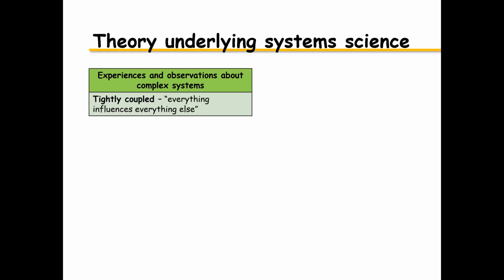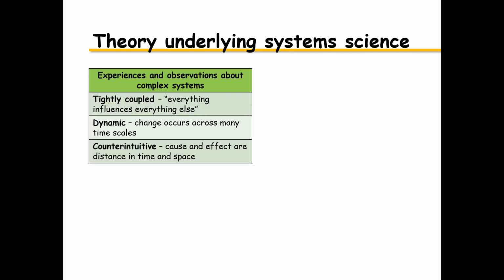We say that things are tightly coupled. Everything influences everything else. We say that systems and real world problems are dynamic, that change occurs across many different timescales. Some may be days, some weeks, some months, some years, some decades, some may even be centuries in terms of how they express themselves.